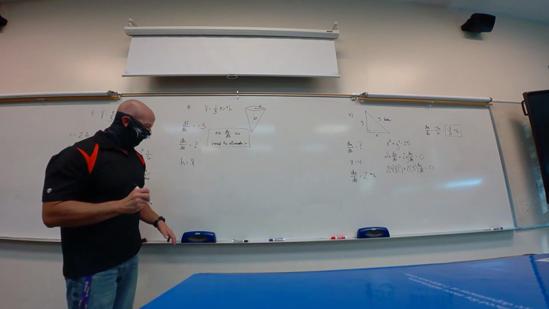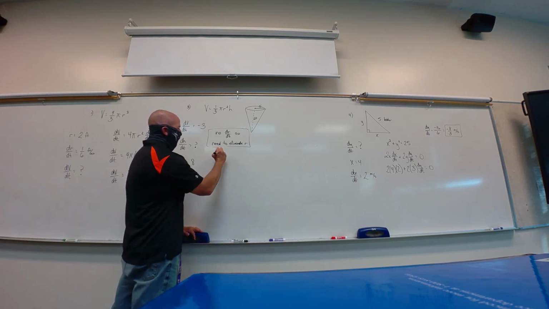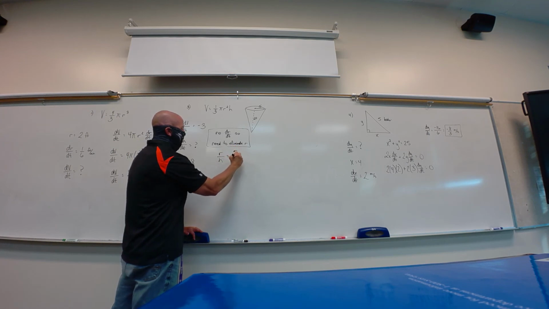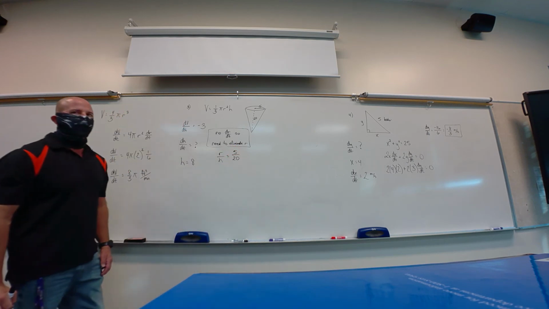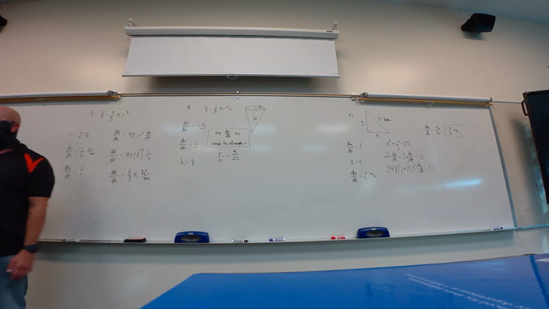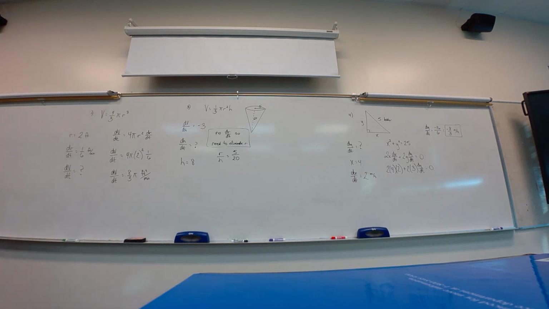Okay. So here's what I know. R over H is 5 over 20. There's my relationship between radius and height on that cone. Because when it's full, it's at a 5/20th ratio, and as it's moving down, it's going to stay in that same ratio. Everybody agree with that?